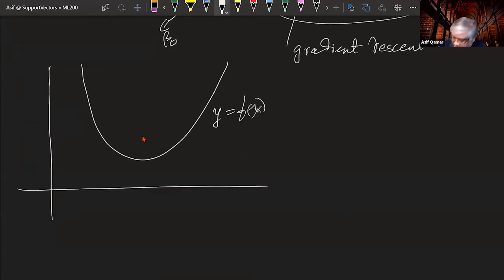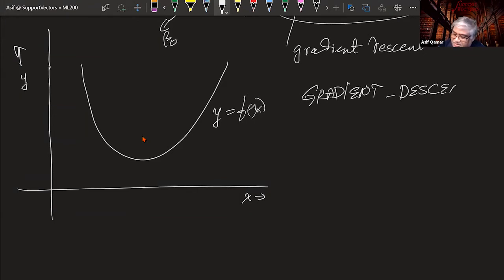This is your x-axis and this is your y-axis. I want to explain the basic intuition of gradient descent. I'll move a little faster because we have done this before. Gradient descent is a way to start from any random point and reach this destination, this point.